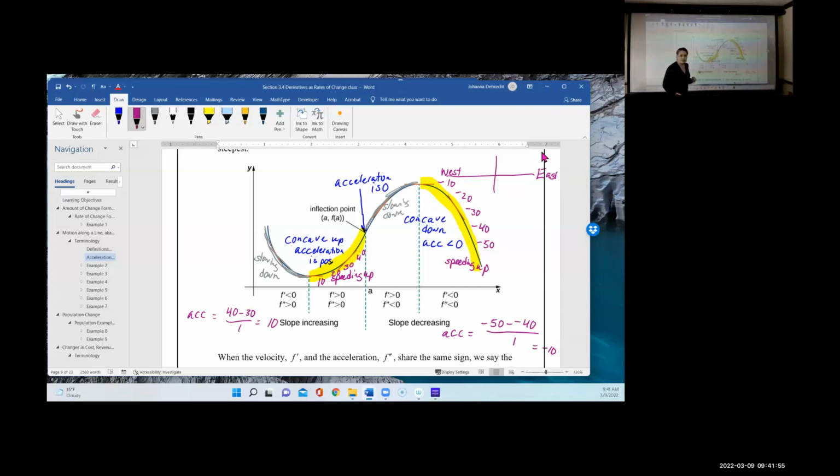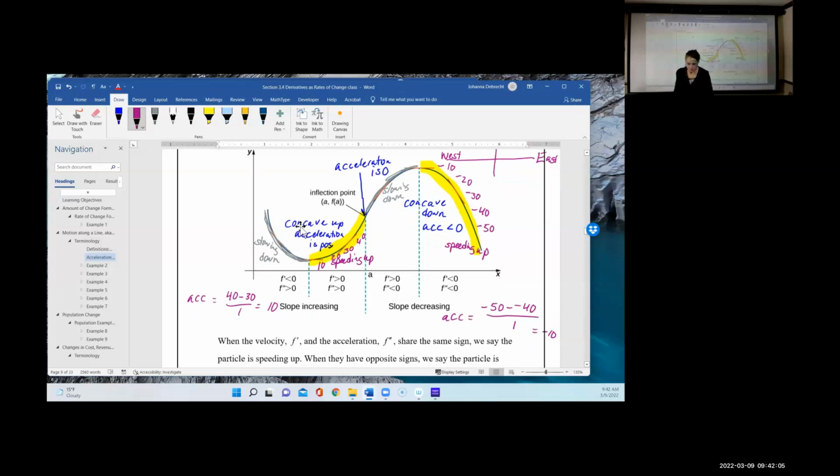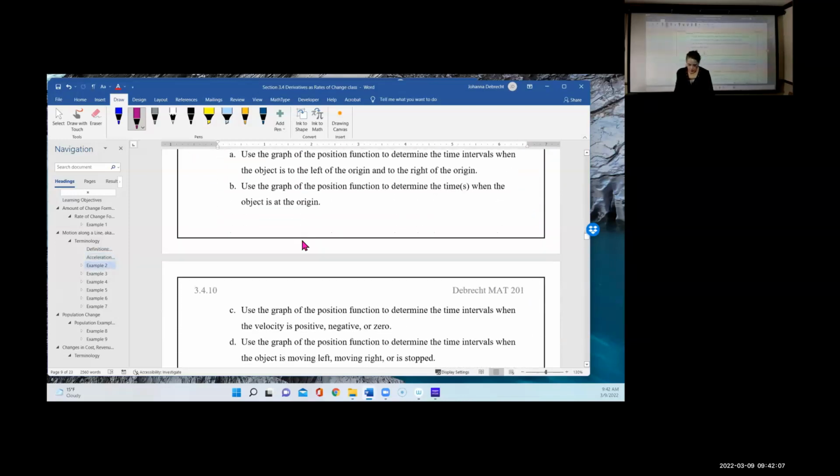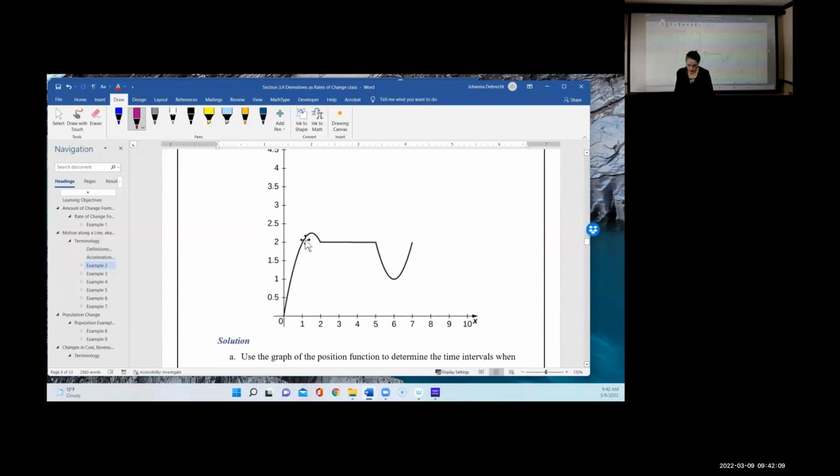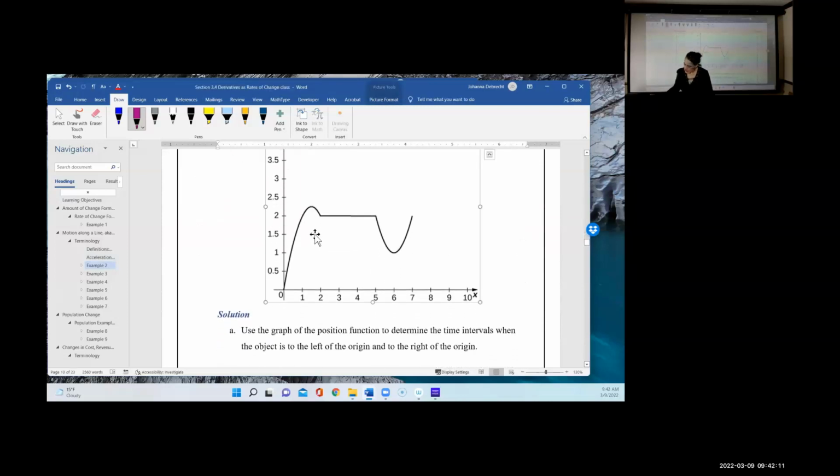Okay. Let's try another example. We're going to do a couple of examples of this. We have some questions to answer about this graph right here. So I'll copy off the graph.